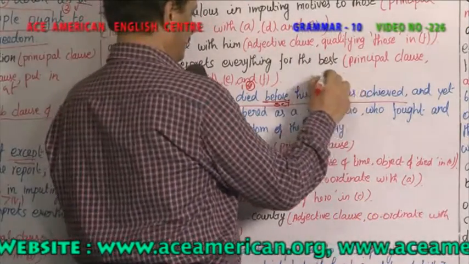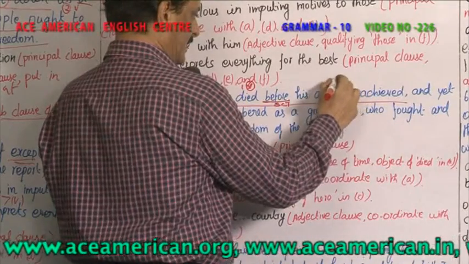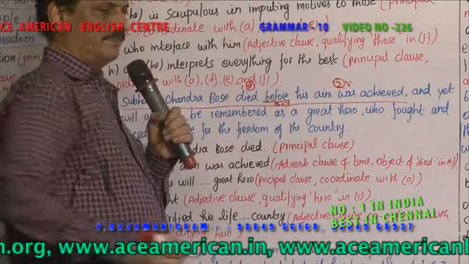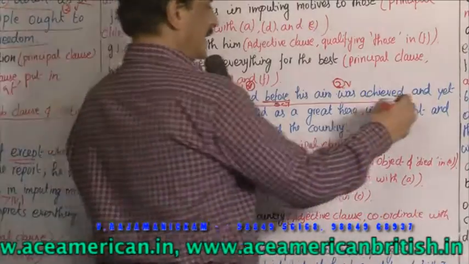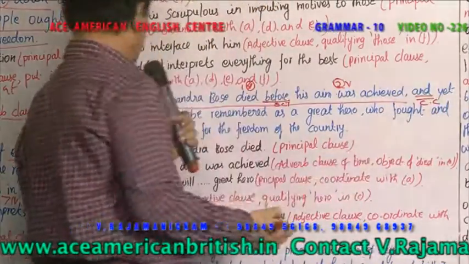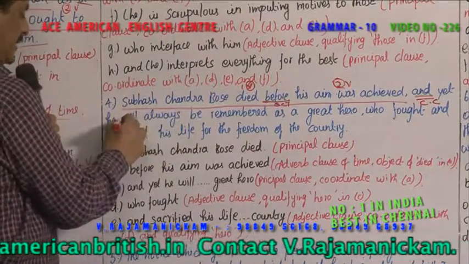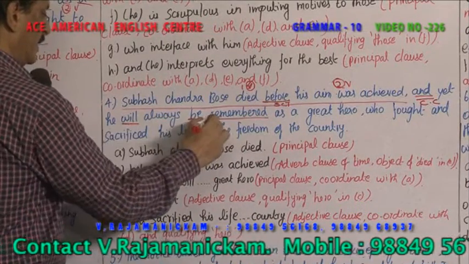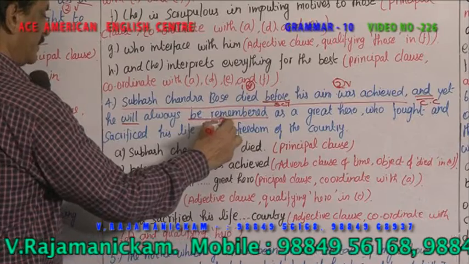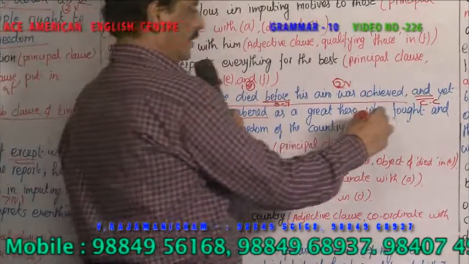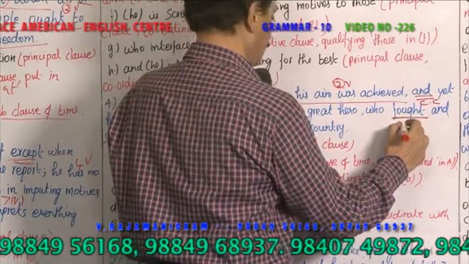So second verb, second sentence, because "was achieved" is a verb. And the other conjunction is the coordinating conjunction, right? And yet he will always be remembered. See, "will be remembered" is a three-word verb, right? As a great hero who fought. Fought is the fourth verb, right?